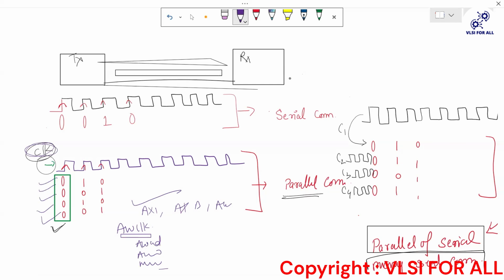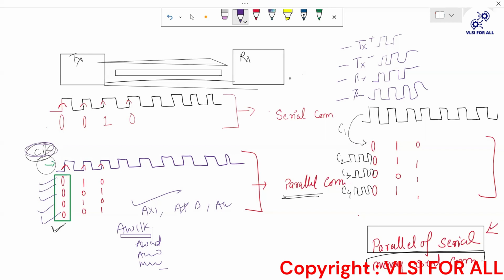But if you are transferring TX plus and TX minus and RX plus and RX minus, so what happens is, if you are transferring 4 signals, or if there are 4 different channels, they don't have a single clock, they have their dedicated clock. We already discussed that the data pattern itself contains the clock. So they belong to serial communication, but that doesn't mean multiple serial communications are not happening in parallel.